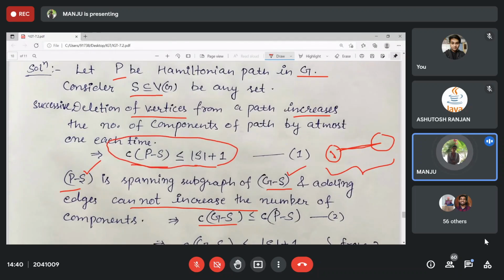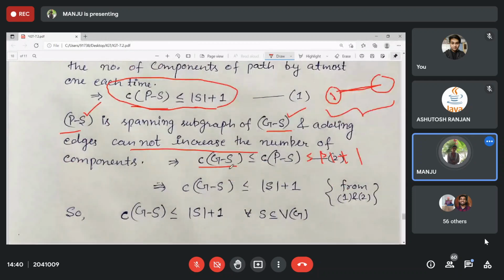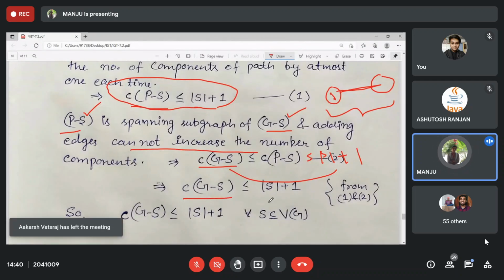So just put this one. This is less than or equal to S cardinality plus 1. Right? So what we got from here? The number of components of G minus S is less than or equal to S cardinality plus 1. And that's the result.